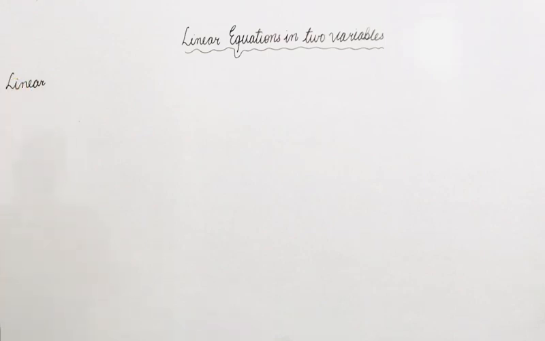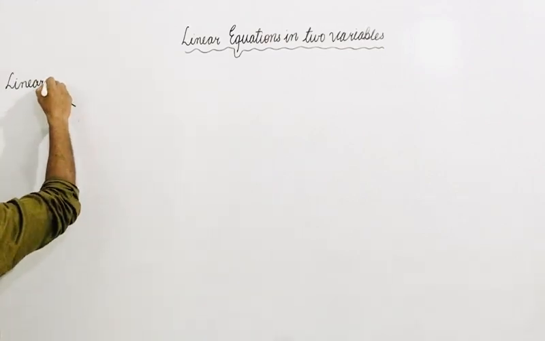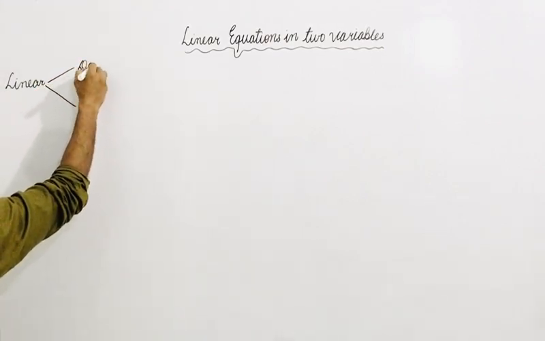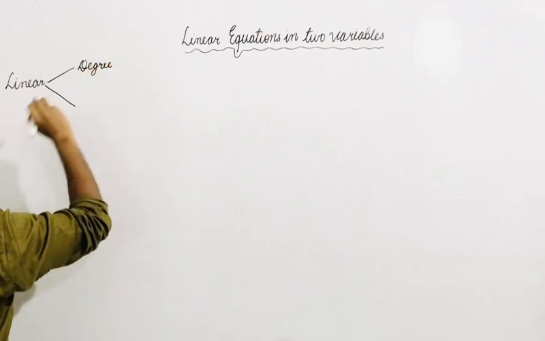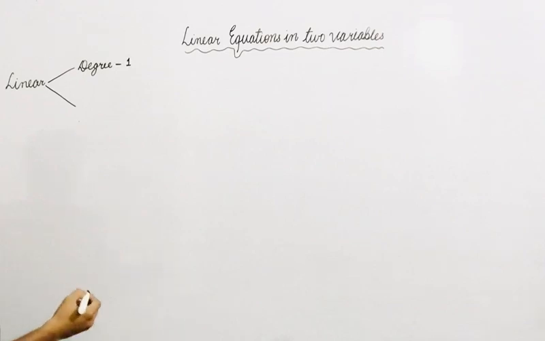What does the word linear mean? You have studied it in polynomials, a term called linear polynomial. So when you write it, the word linear means its degree will be 1. Linear means algebraically the degree will be 1.